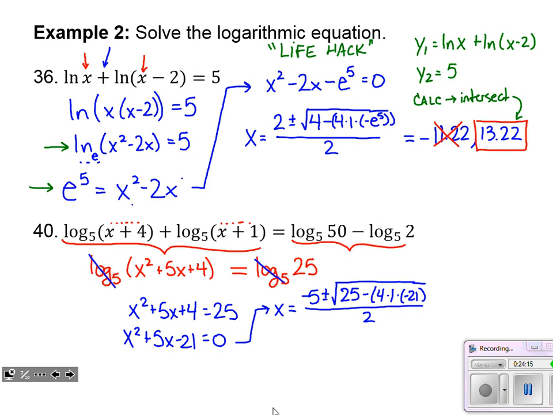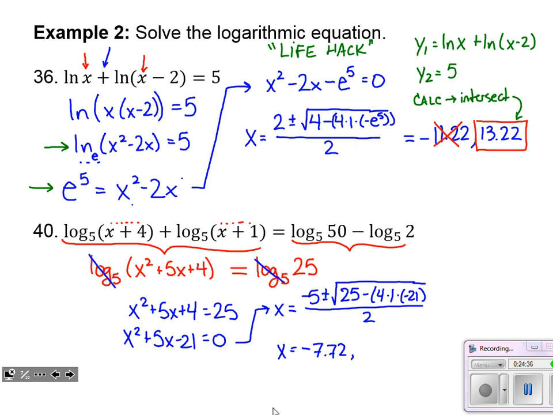And we would simplify that to get our answers according to that calculator program. Let's use that again. That's why we made it in the first place. A is 1, B is 5, C is negative 21, and I get negative 7.72 and 2.72.